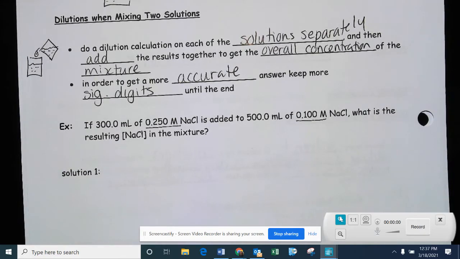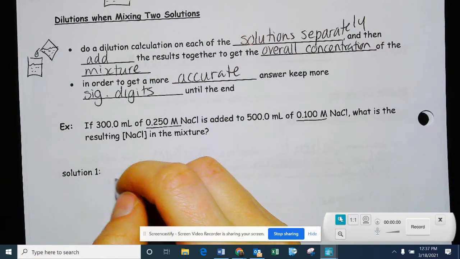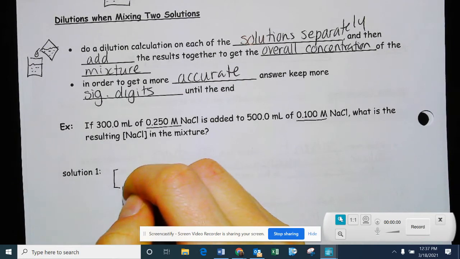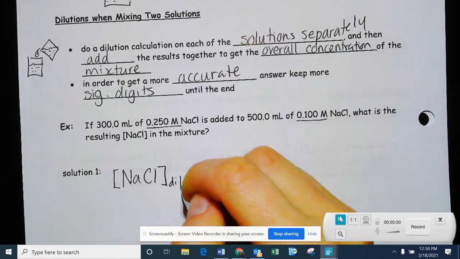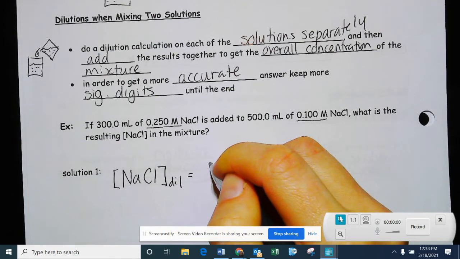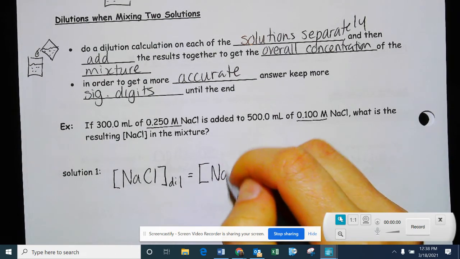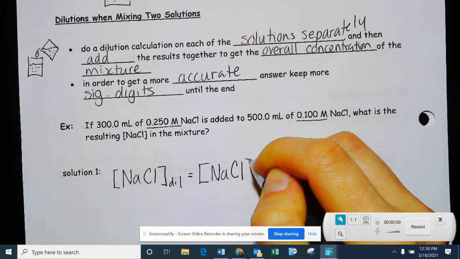So for solution one, we're going to do the calculation for that. We're going to go NaCl concentration diluted. We are essentially pretending that we're mixing it with water. We're doing the exact same thing that we did in the other question.